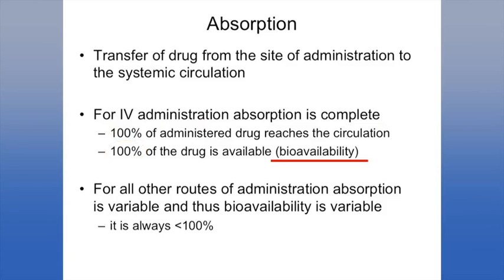So for IV administered drugs, the bioavailability is 100%. For all other routes of administration, absorption is variable, and thus bioavailability is also variable, but it is always less than 100%. So our reference point is IV administration.